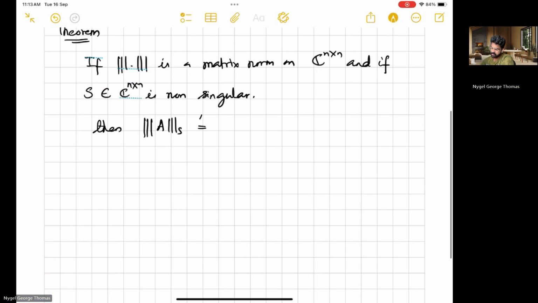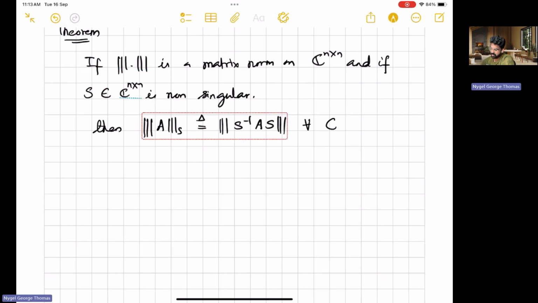The S norm is defined as the matrix norm of S inverse AS, for all A in C^(n×n), and this is a matrix norm.